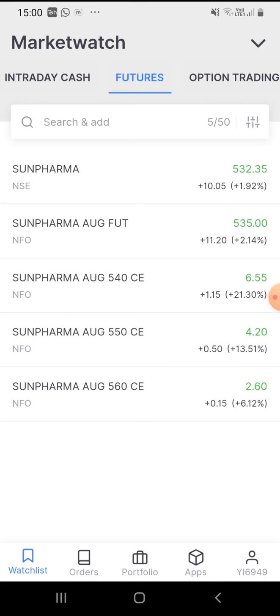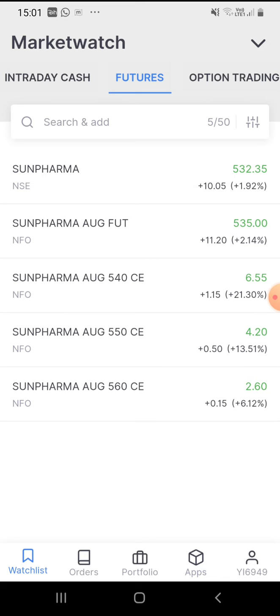But you just check the last day, Sun Pharma increased 11 rupees. What is the CE value increase of 540, which is very near to the real value? It is 1.15. The Sun Pharma 550 also increased, but 0.50 only. 560 also increased, but 0.15 only.